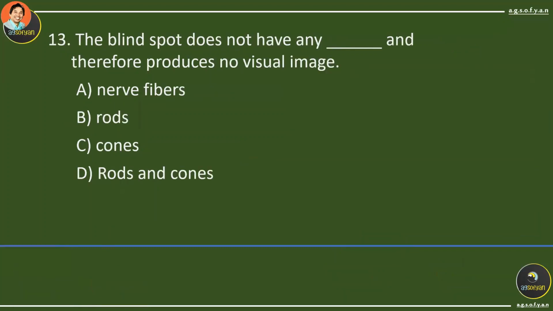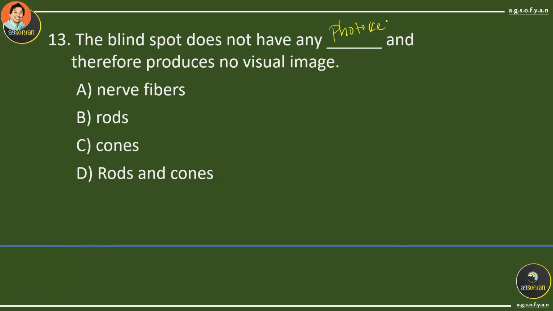The blind spot does not have any blank and therefore produces no visual image. So which one is that? Nerve fibers, rods, cones, rods and cones. So the answer should be that it does not have any photoreceptor.